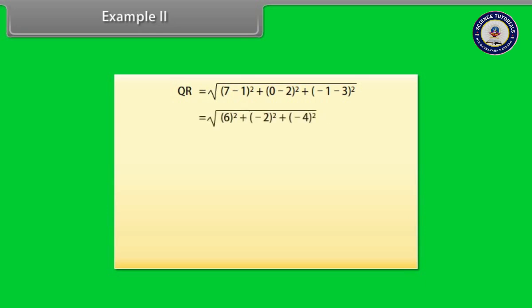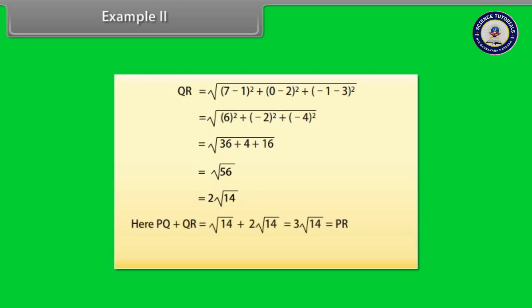After calculating QR, we get 2 into square root of 14. Here, PQ plus QR is equal to square root of 14 plus 2 into square root of 14, is equal to 3 into square root of 14, is equal to PR. Hence, the points (-2, 3, 5), (1, 2, 3) and (7, 0, -1) are collinear.